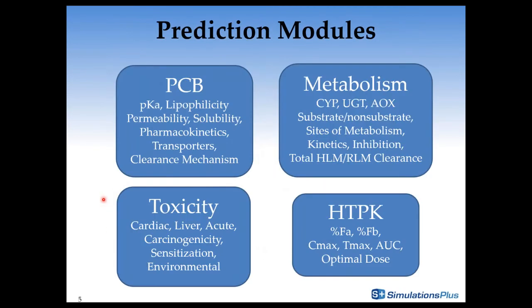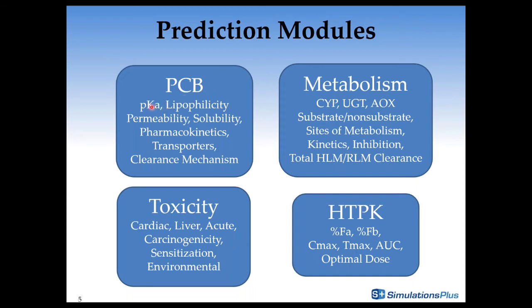The software is divided into modules, and the four specifically devoted to prediction include the PCB, metabolism, toxicity, and HTPK modules. In the additional slide section, we have more comprehensive information about these modules, so I'll just briefly outline each of them here. PCB stands for physicochemical and biopharmaceutical.